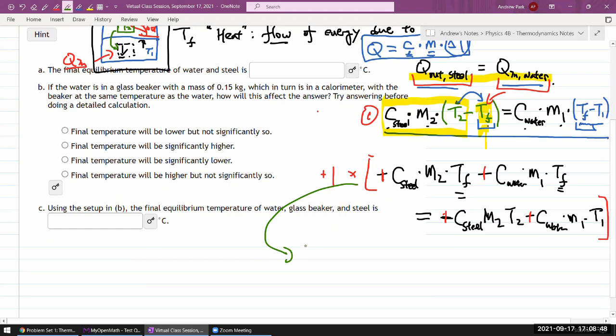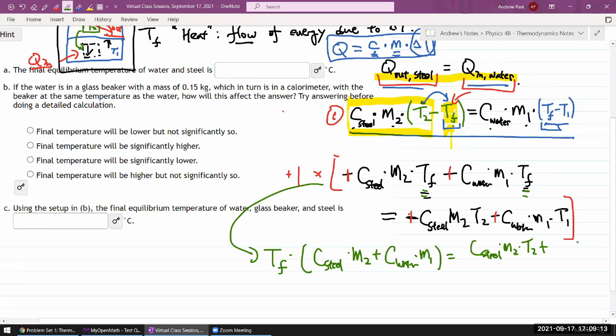So factoring the left-hand side, I get, factoring out T final, the one unknown I'm trying to solve for, T final times C still times m2 plus C water times m1 is equal to C still times m2 times T2. It's a number you can calculate, plus, let me just scroll a little bit, C water times m1 times T1.